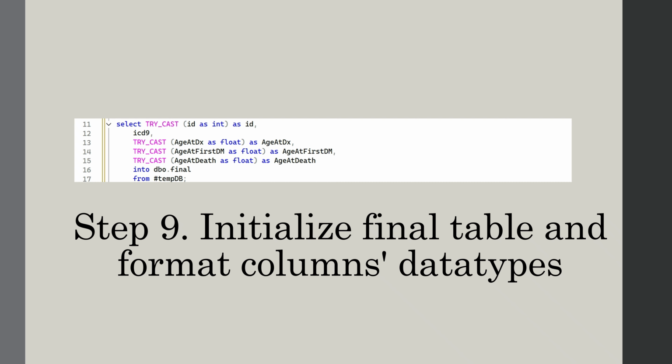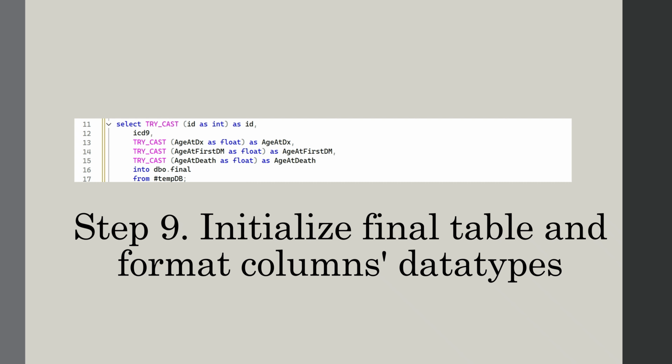When we are listing columns, we want to use the try_cast function if applicable. This function requires the column name and data type we want to convert to, preceded by the as keyword. Outside this function, we can name the column by reusing the as keyword and typing in its new name.